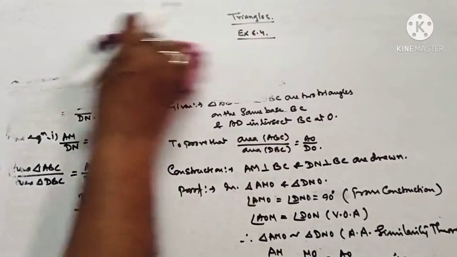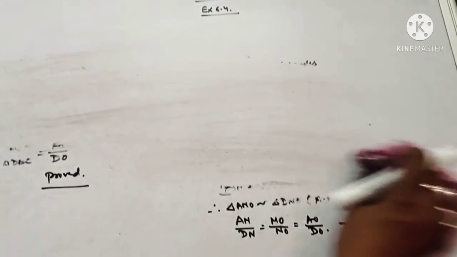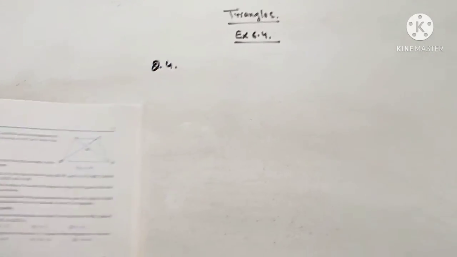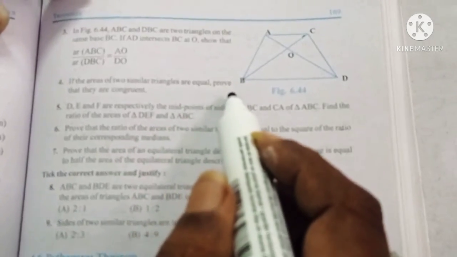Now question number 4. If areas of two similar triangles are equal, prove that they are congruent.